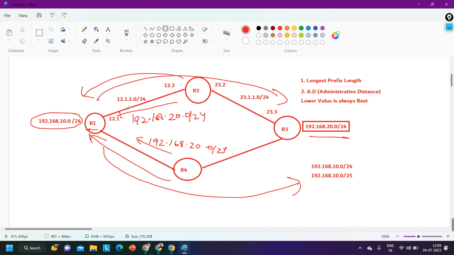Let's say here AD value is X and here also AD value is X. Now AD value is also matched on router number 1, right? So the router cannot decide which path is the best path on the basis of AD value. Then the third thing that the router is going to check is metric.